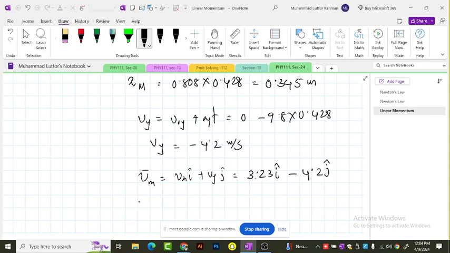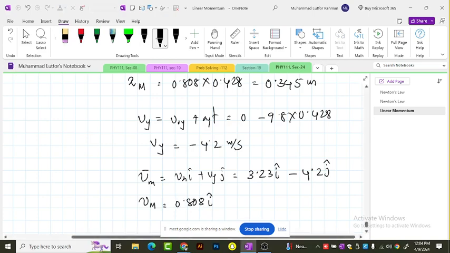This is the velocity for the smaller mass, and for the bigger mass it should be, oh sorry, that was 0.8, it should be 0.808 i hat minus 4.2 j hat. You understand?